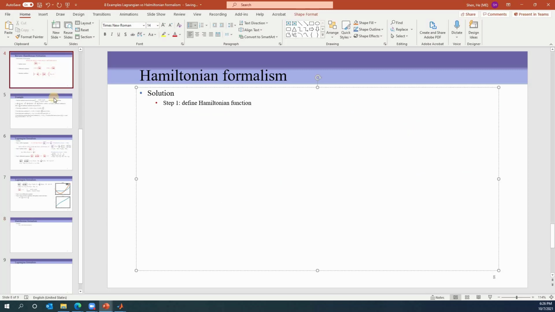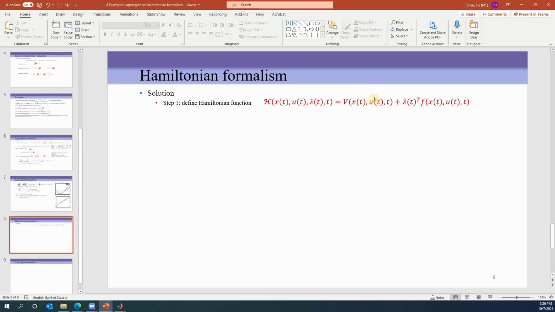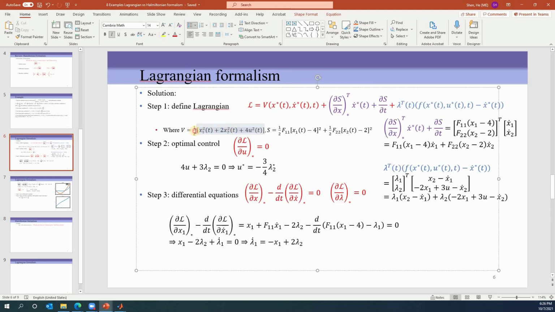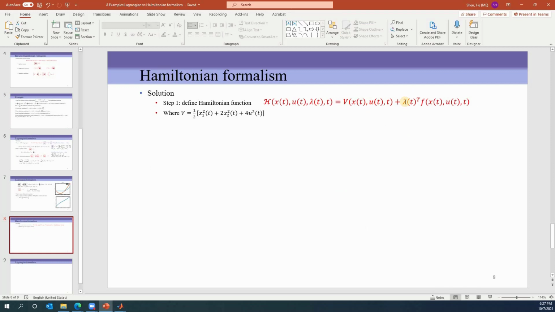The Hamiltonian function is defined as v plus lambda transpose f. Let me just copy this. And we also need to know what is v and what is that term. V is everything inside of the integration, right? So v is the same. F function is everything on the right hand side.